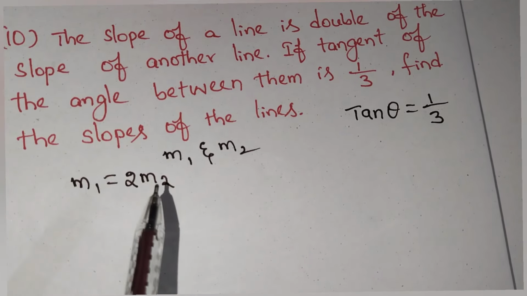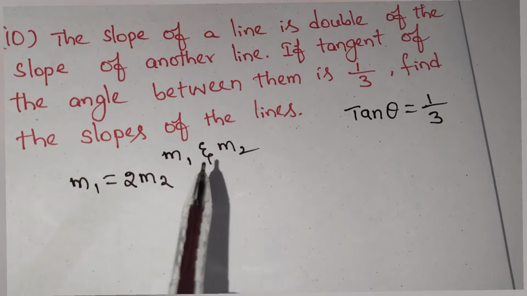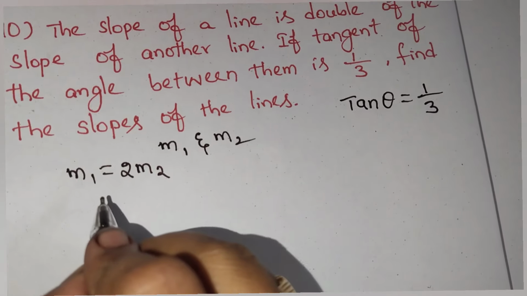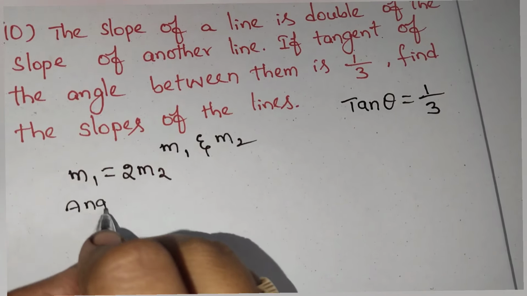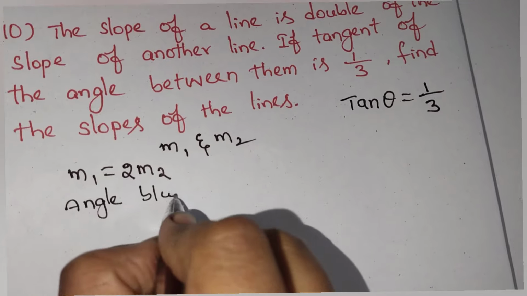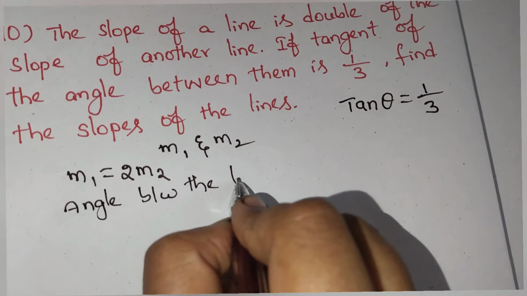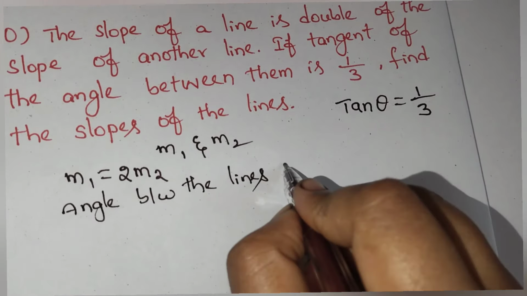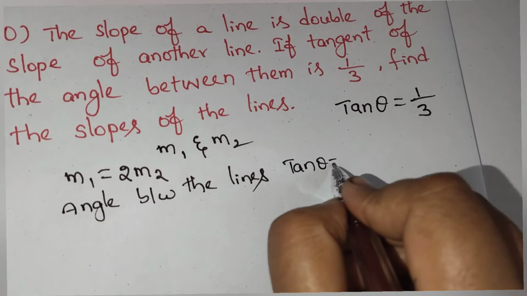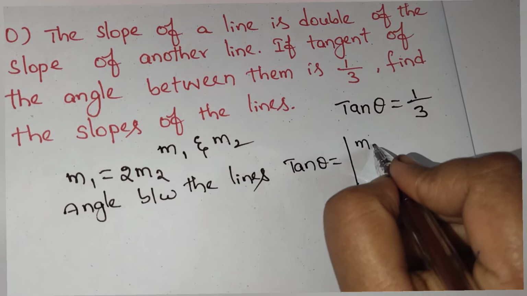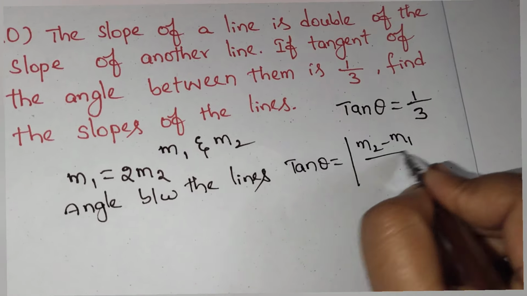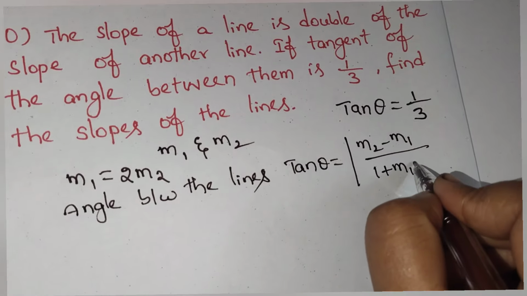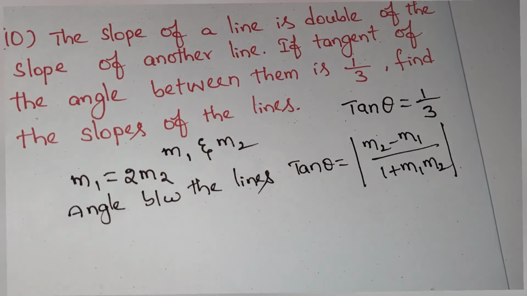By using this, we can find the slopes of the lines. We know that for the angle between the lines, tan theta is equal to mod of m2 minus m1 divided by 1 plus m1 m2.